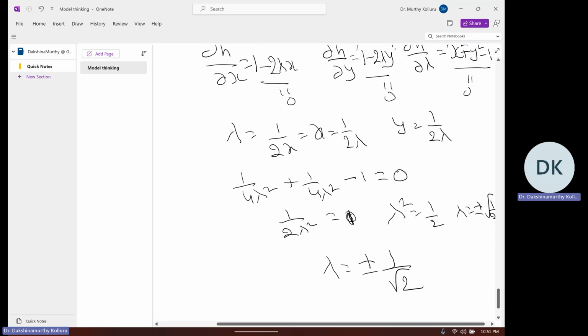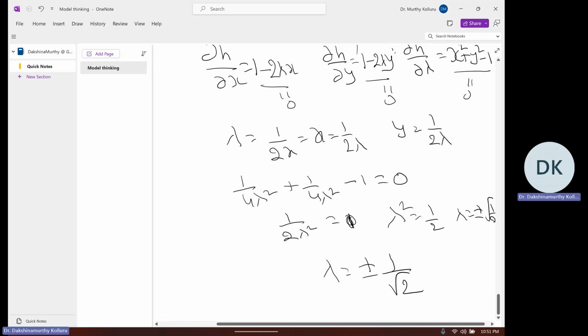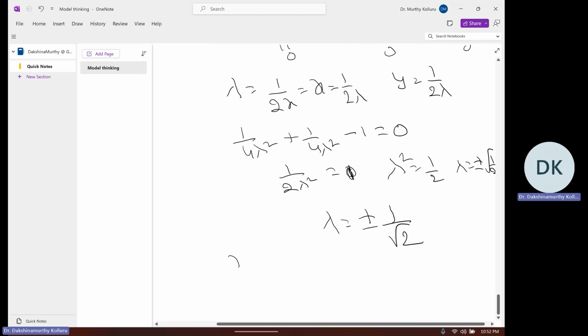Right? It's just tediously going through the process. There's nothing complicated here. You have three equations. Lambda is equal to 1 by 2x, lambda is equal to 1 by 2y, and x square plus y square minus 1. There is x, y, and lambda, three equations, three unknowns. So just solve them. Now, I know from lambda that x is equal to 1 by 2 lambda, so x is equal to 1 by 2 times 1 by root 2.